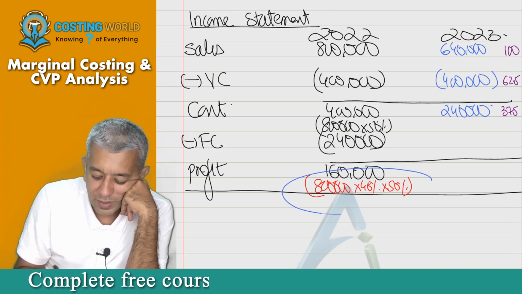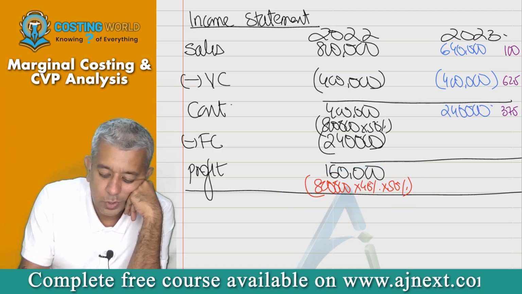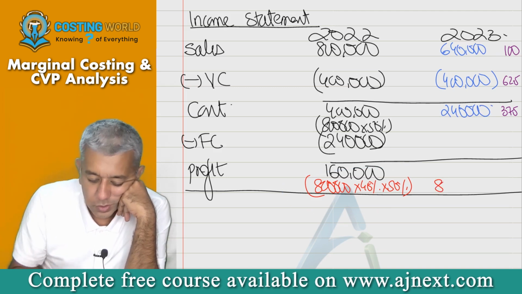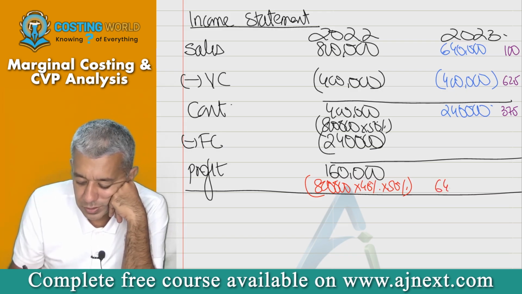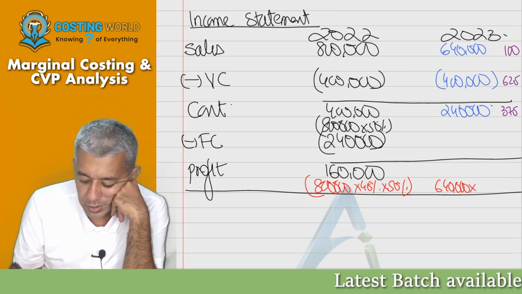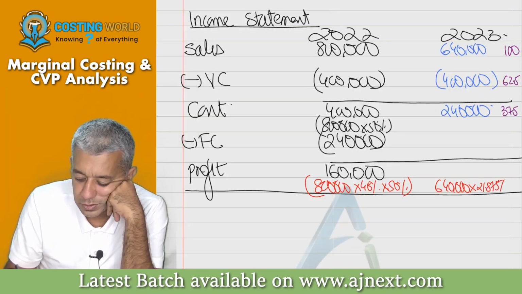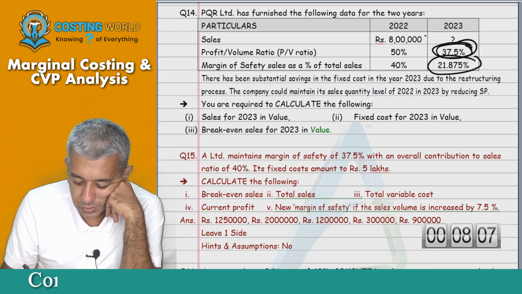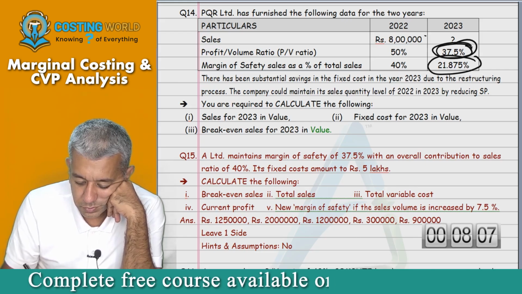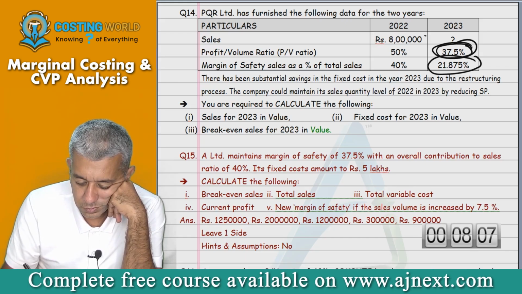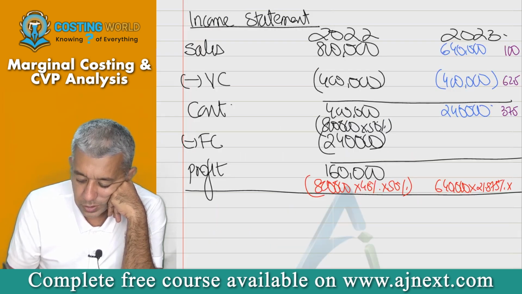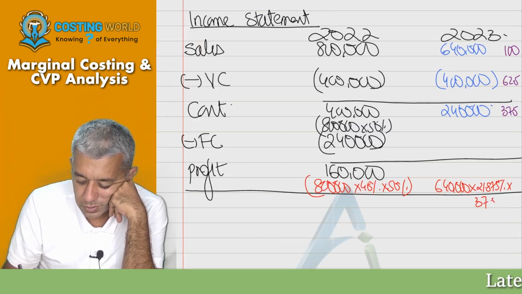And now whatever I have done over here, same thing I'm going to be doing over here also, beta. So this will be 6,40,000 into margin of safety is 21.875% into 37.5%.